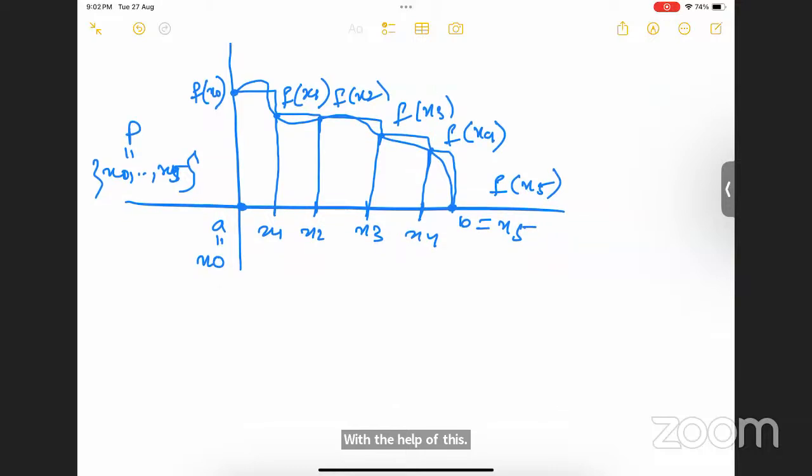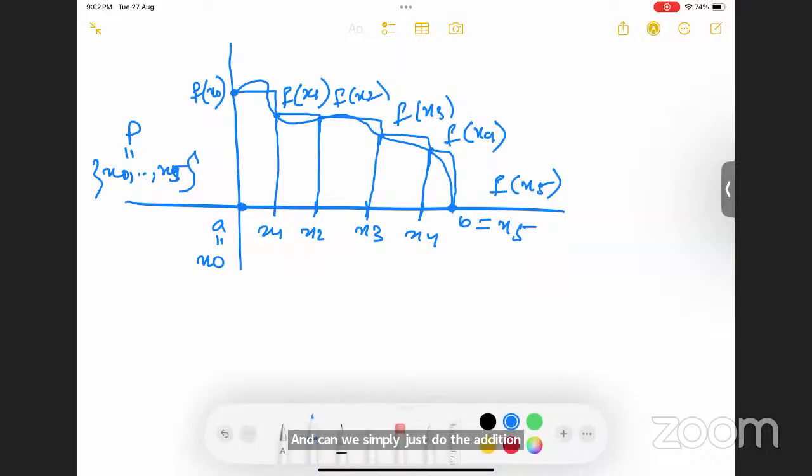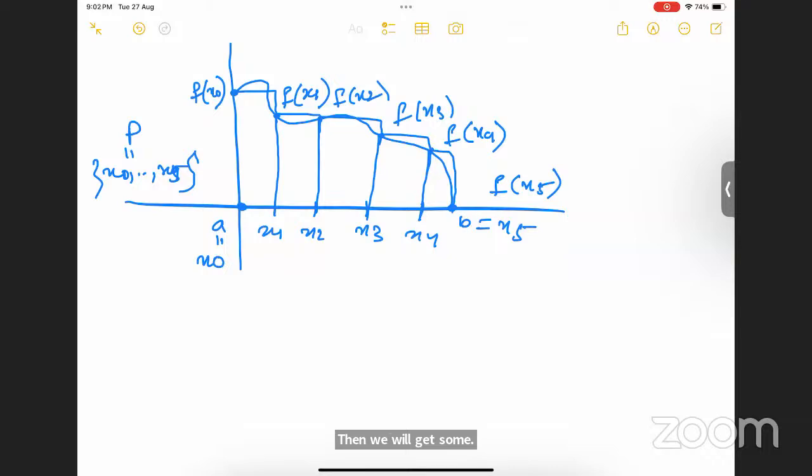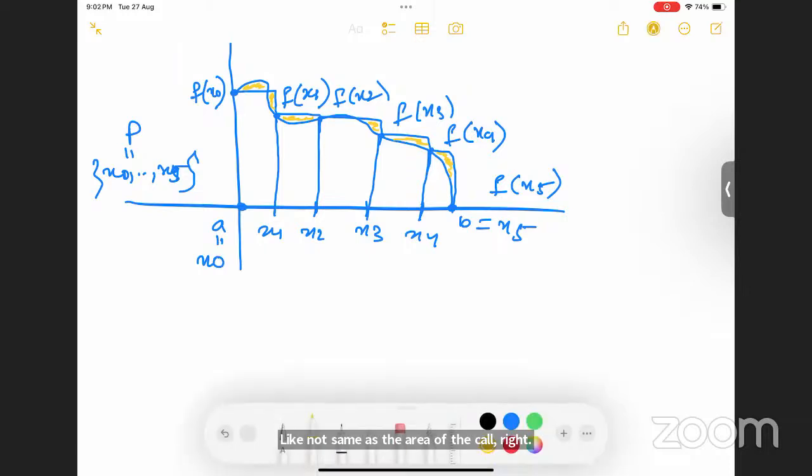If we calculate the area of each rectangle and then add them up, we will get some area, right? But there is some error. The yellow shaded portion is the error, right? So this is not the same as the area of the curve. So what can we do next?